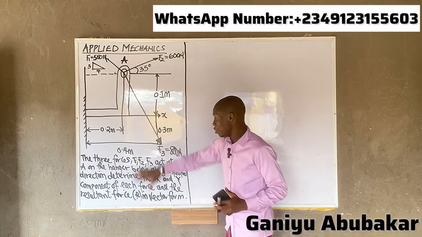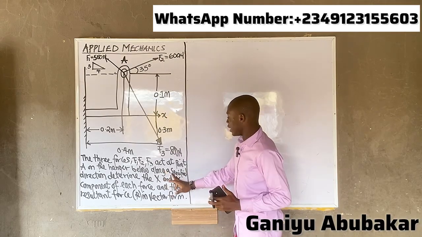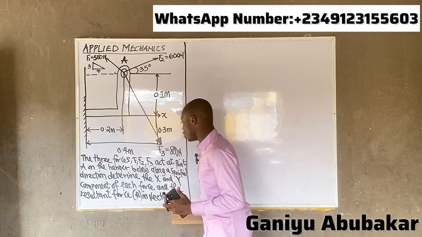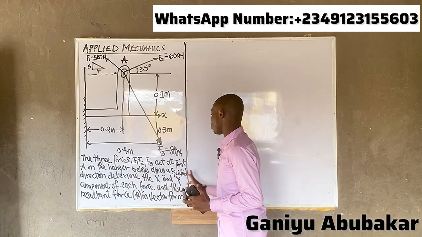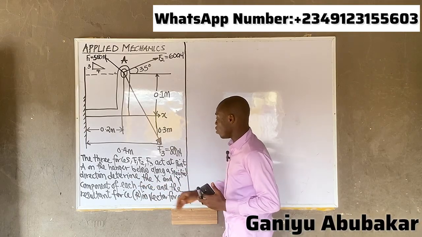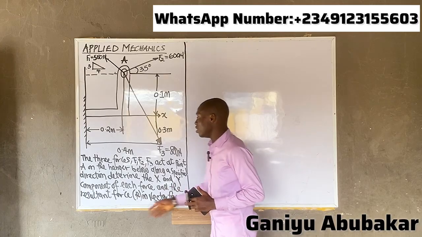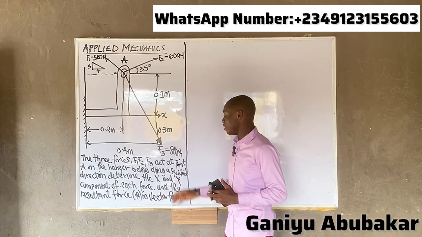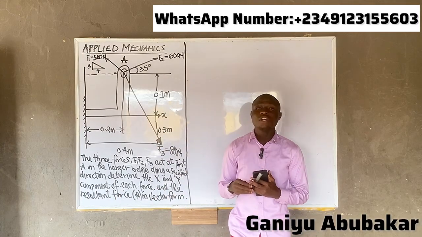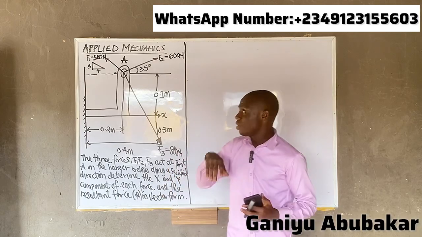You can do yours below, right? Along a specified direction, determine the X and Y component of each of the forces and the resultant force in vector form. So in this case, what do you do?